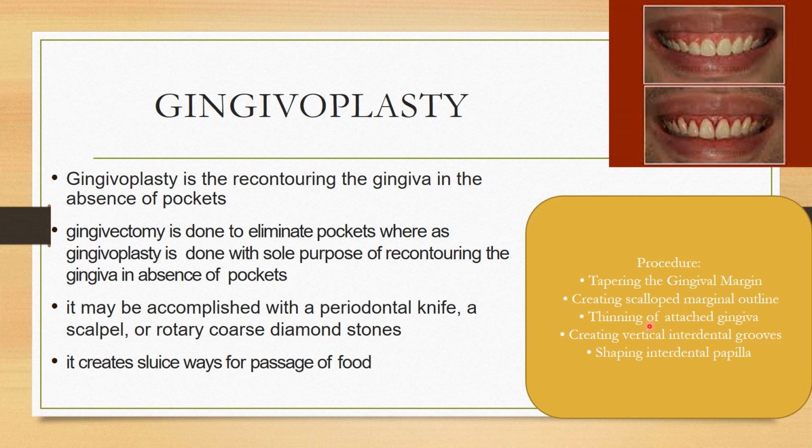If there is a thickened attached gingiva and it is aesthetically compromising, you can thin the attached gingiva and create vertical interdental grooves. You can see that. So vertical grooves will be created in between. This will create the sluice ways for the passage of food, and then shaping the interdental papilla. So these are the procedures done under gingivoplasty.